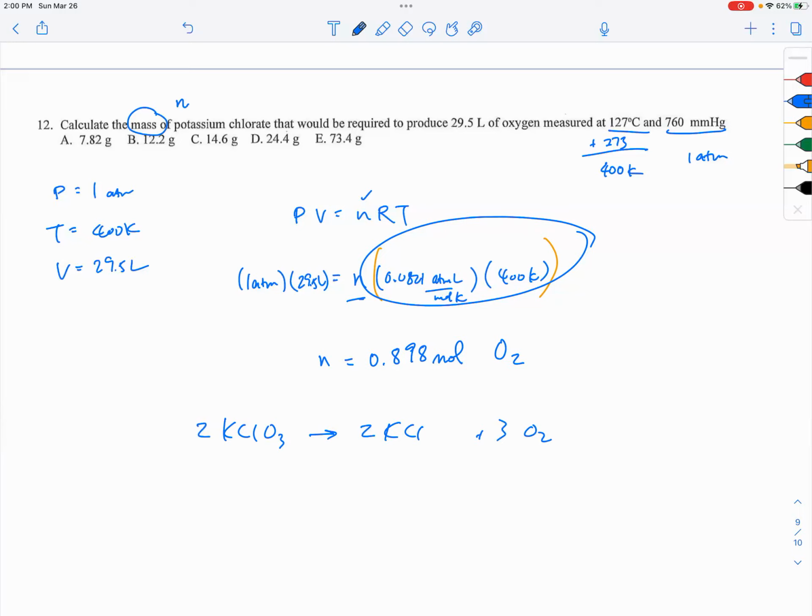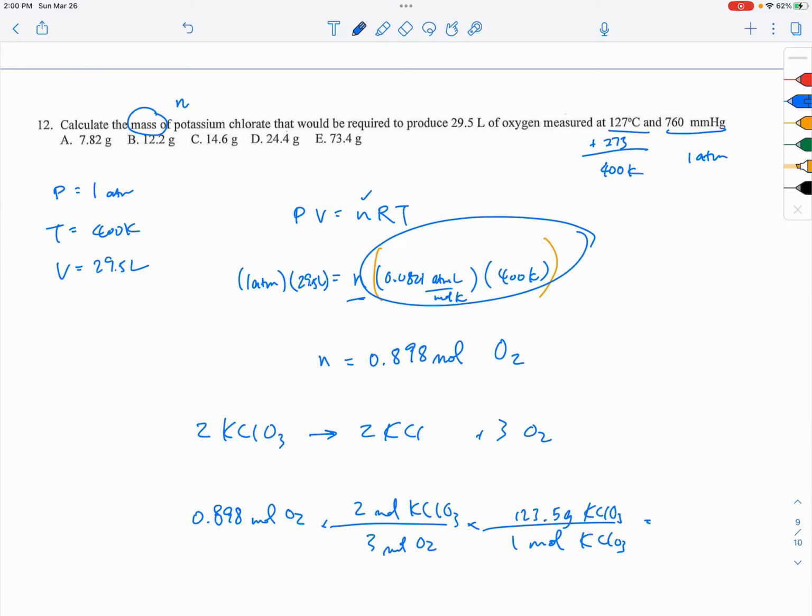So now you have 0.898 moles of O2 times 2 moles of KClO3 to 3 moles of O2, and then you go to the molar mass of KClO3, which is about 123.5 grams of KClO3.